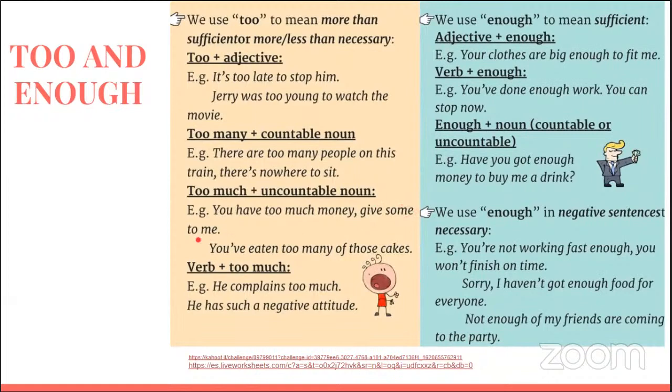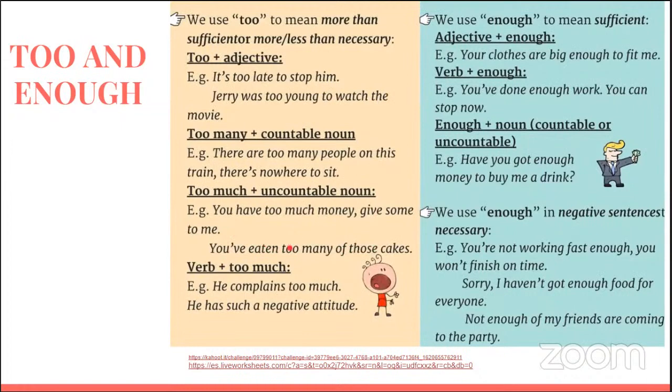Give some to me. Yes, you have too much money, give some to me. As you see here, after the word too, we are using much followed by an uncountable noun. Here we have another example, but this one is using many, countable noun.